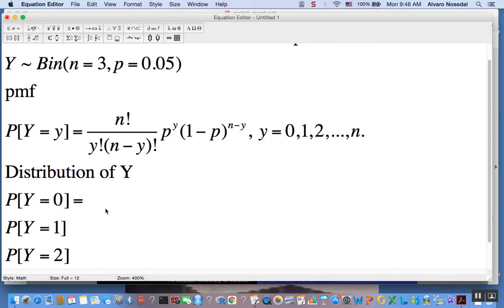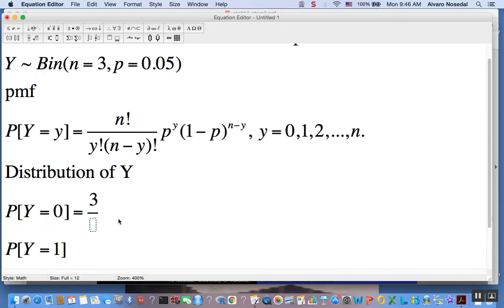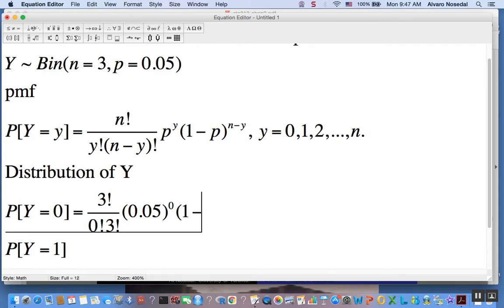It would be n factorial, which is 3 factorial, divided by 0 factorial times 3 minus 0, which is 3 factorial, times p, in this case 0.05 to the power 0, times 1 minus 0.05 to the power n, which is 3, so cube.